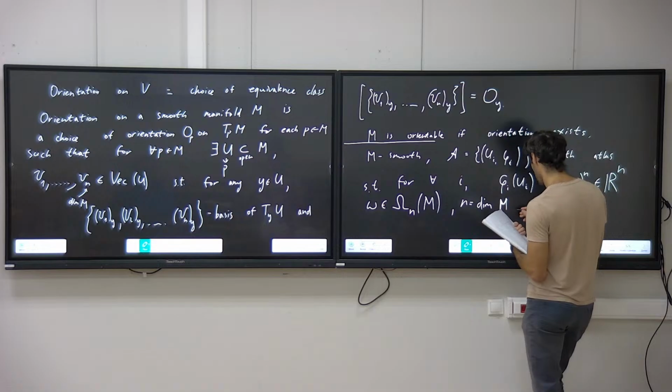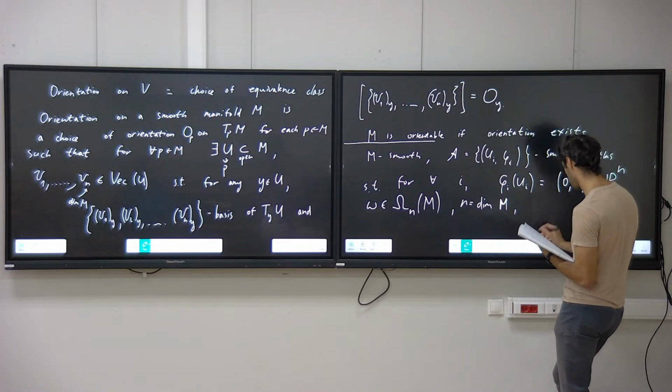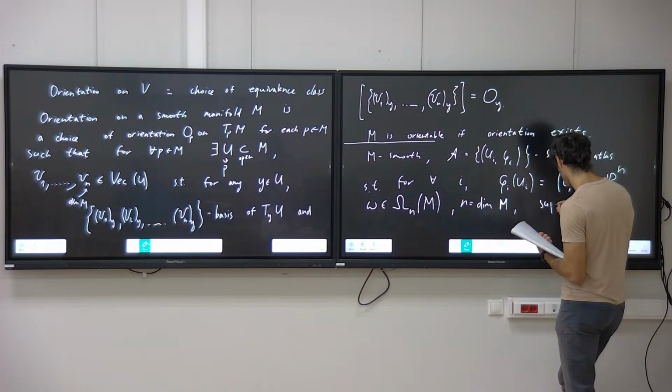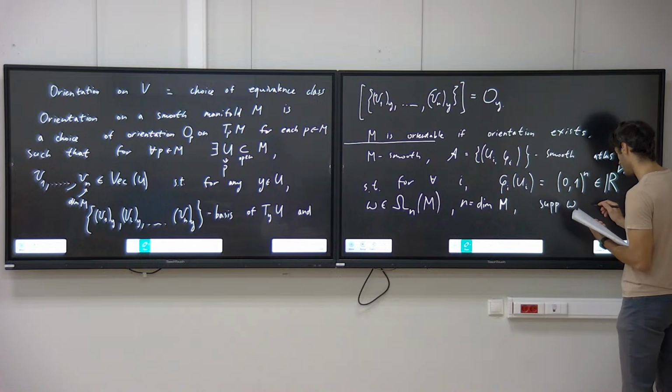So I would like this form to be of compact support. So omega has compact support. Support of omega is compact.